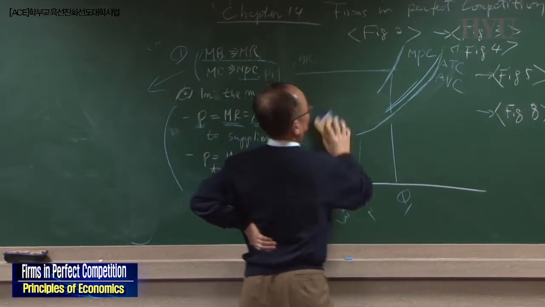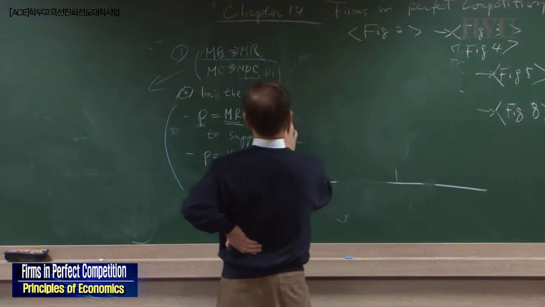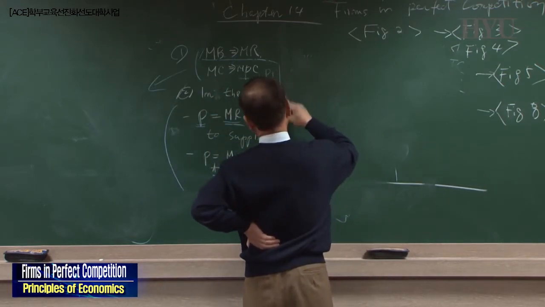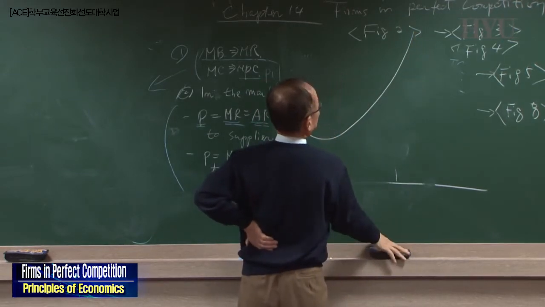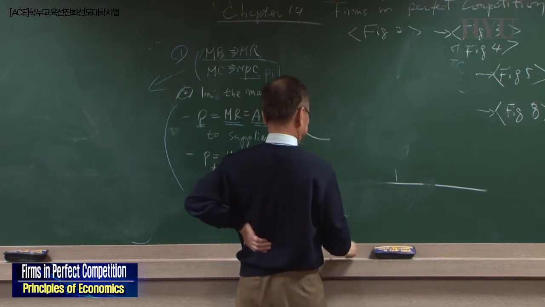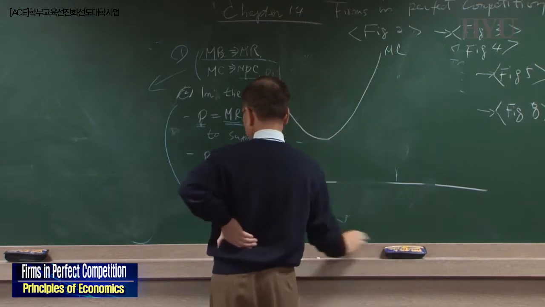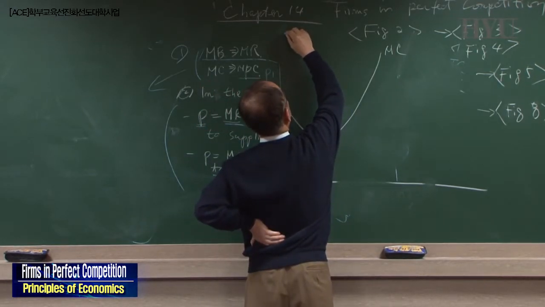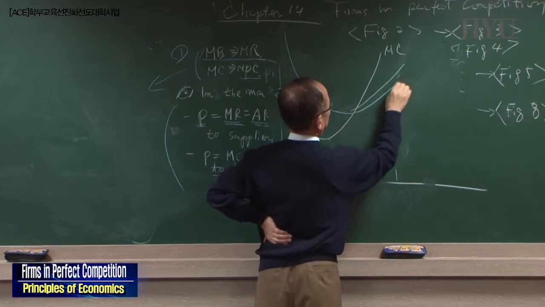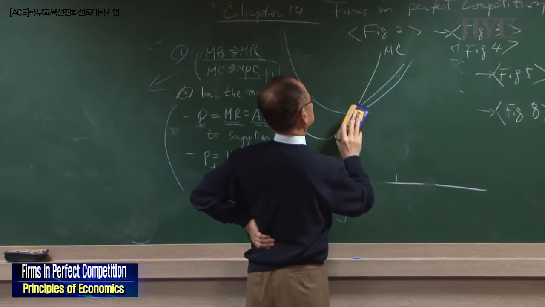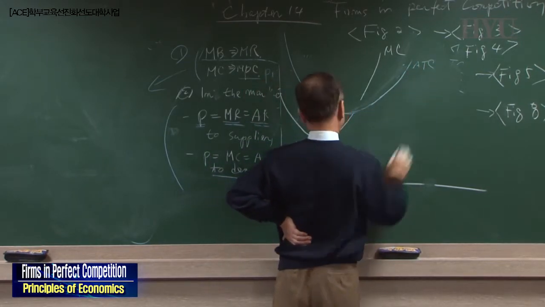Okay, let me redraw the whole thing to make it clearer. Let's start off with the marginal cost curve here. Okay, let's make it more dramatic. MC. Additionally we have the average total cost, ATC.